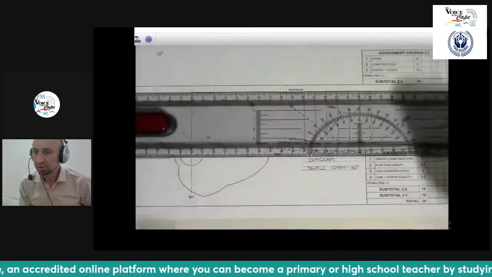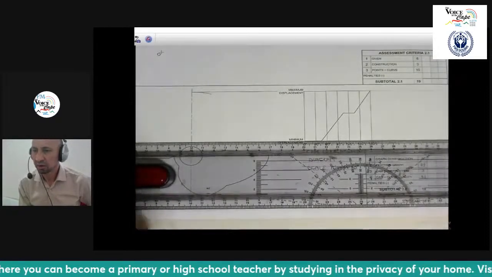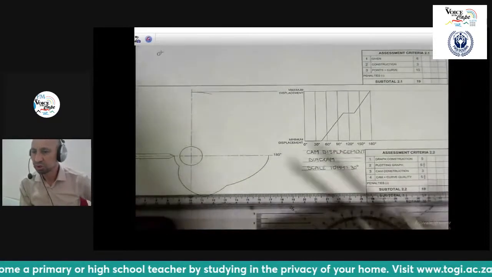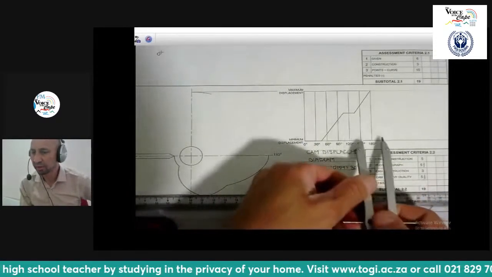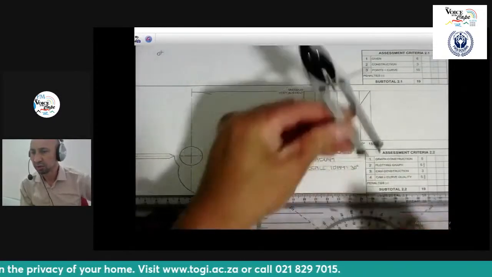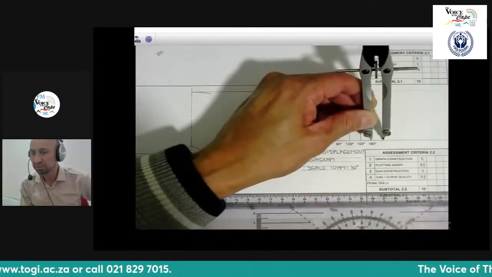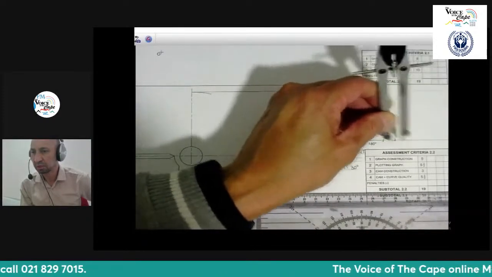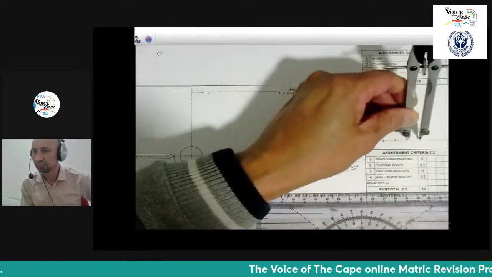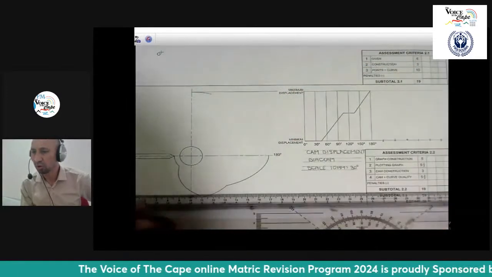Then I'm going to construct the rest of the graph, which is another 180 degrees to this side, and you will see clearly by doing so. I am just going to take my compass, open it up at one of the gaps, which is literally 10 millimeters according to the scale, and have 6 even parts marked off.